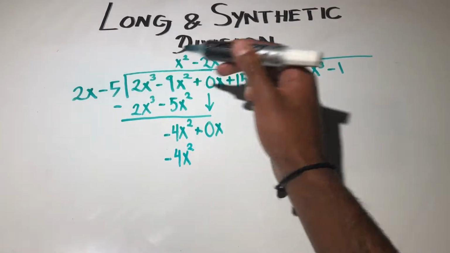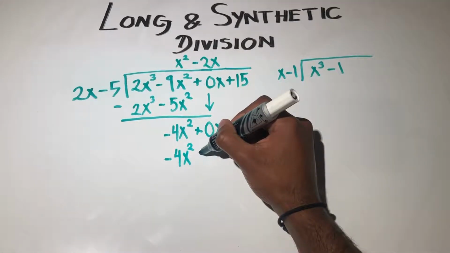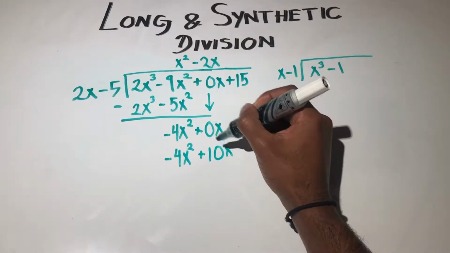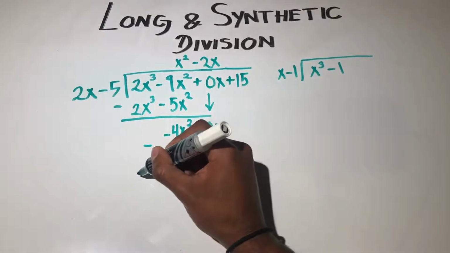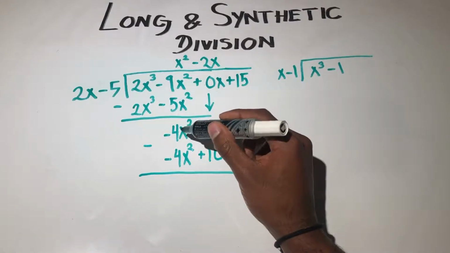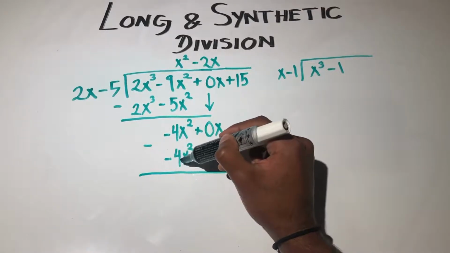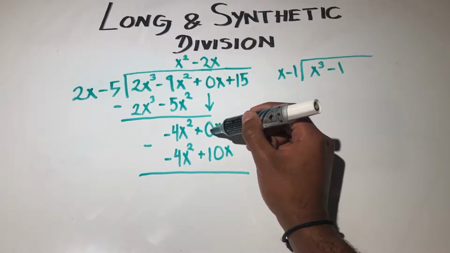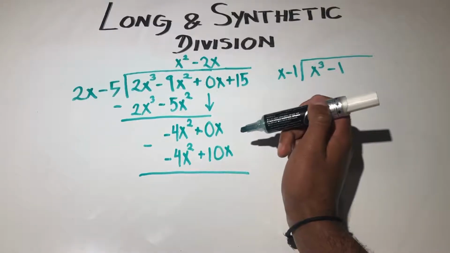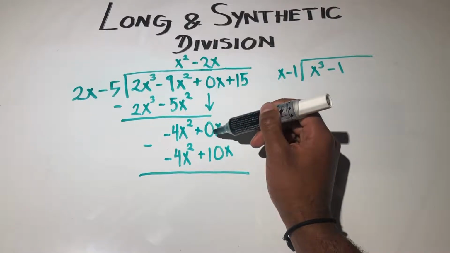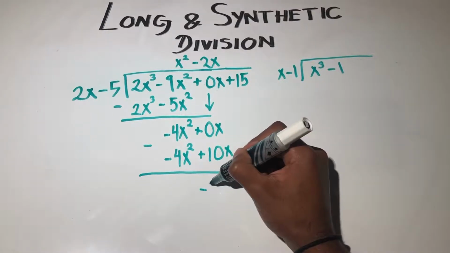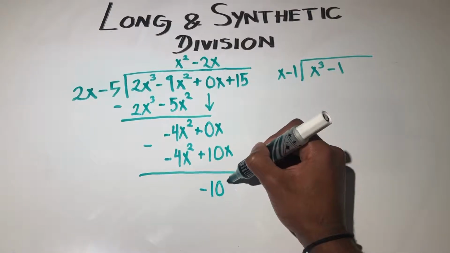And then negative 2x times negative 5 is going to give us positive 10x. Subtracting these, negative 4x squared minus negative 4x squared is going to give us 0, and then 0x minus positive 10x, so 0x minus 10x, that's just going to give us negative 10x.